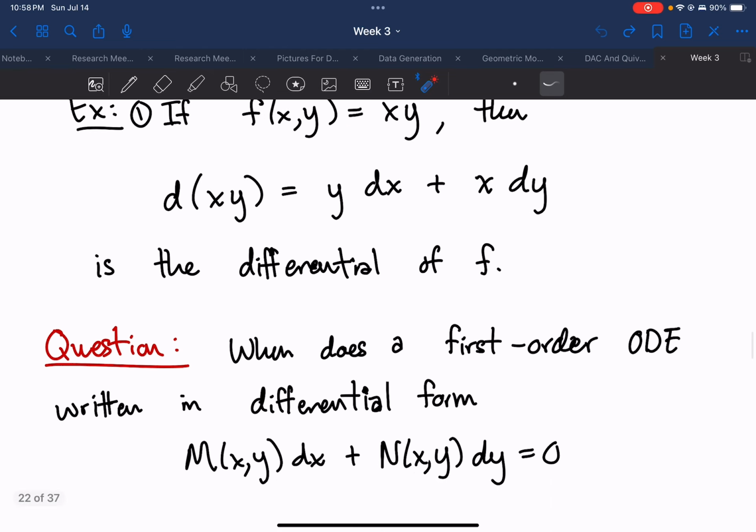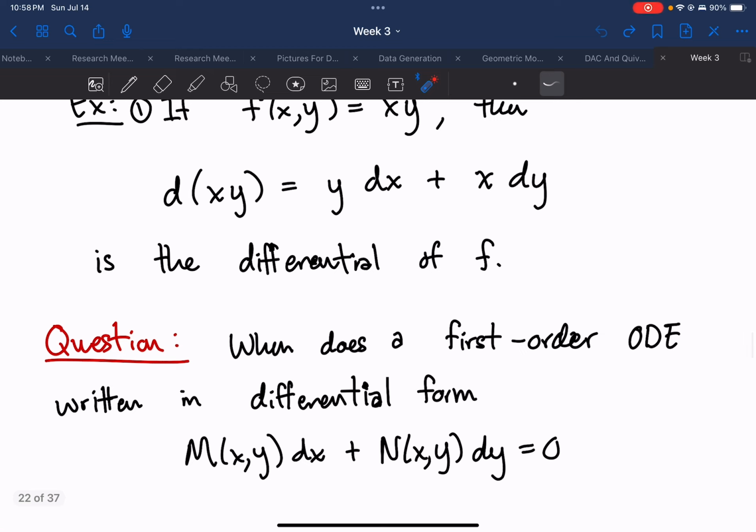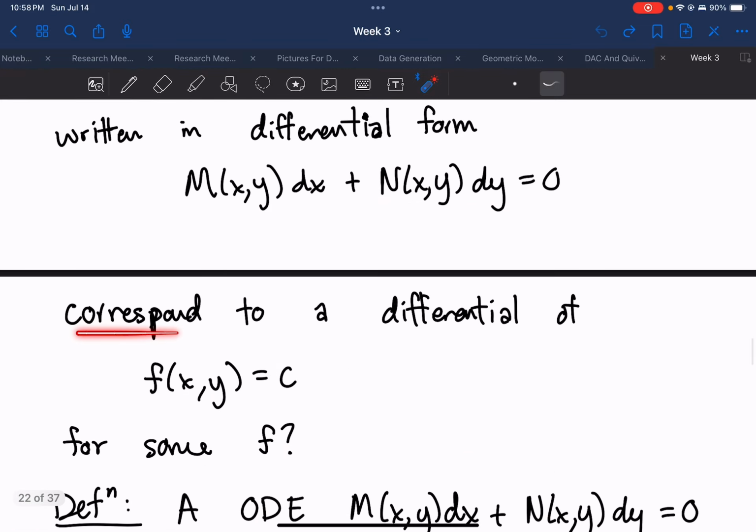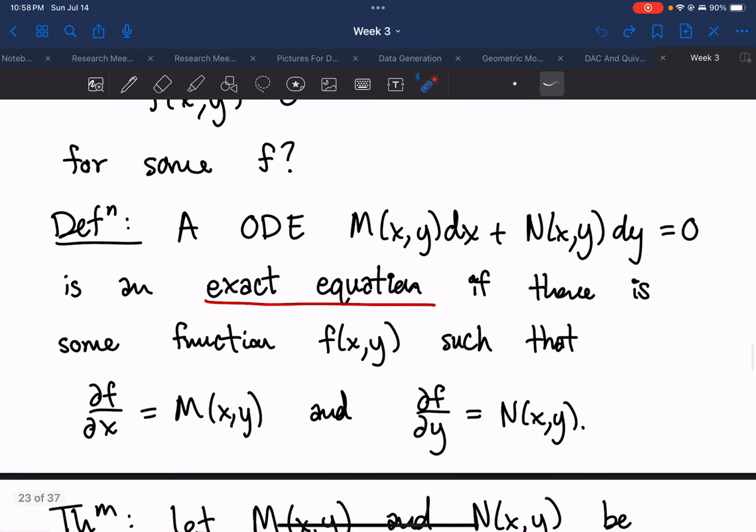So the question, which I've already kind of hinted at, is: when does a first order ODE in the differential form correspond to a differential of some function? When is that the case? Well, it's pretty easy to check. Here's a definition.